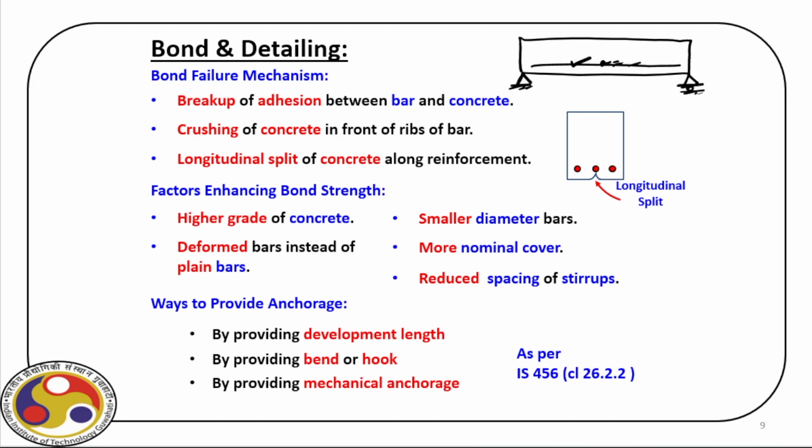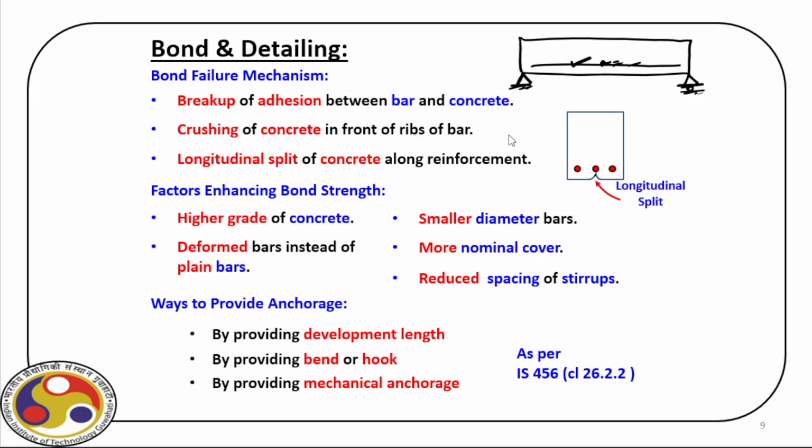Then, as you can see, a longitudinal split of concrete along the reinforcement may also lead to bond failure, because that will offer insufficient bond stress developed surrounding the bars. So these are the 3 different types of bond failure mechanisms we very often encounter.